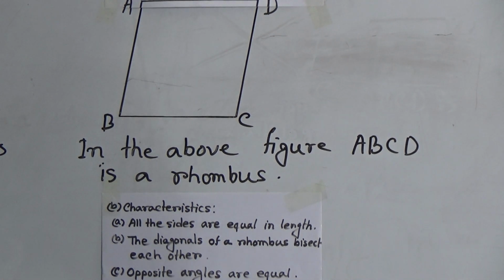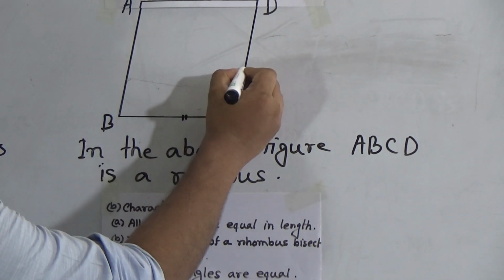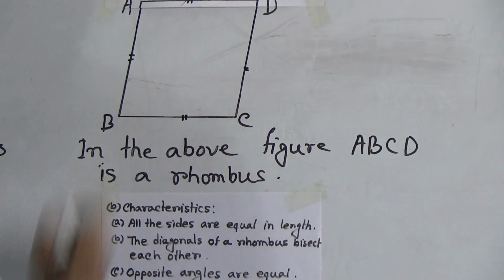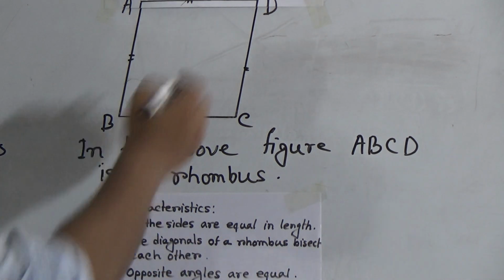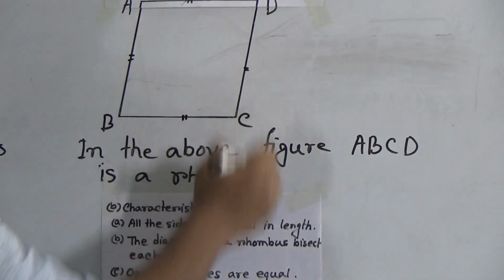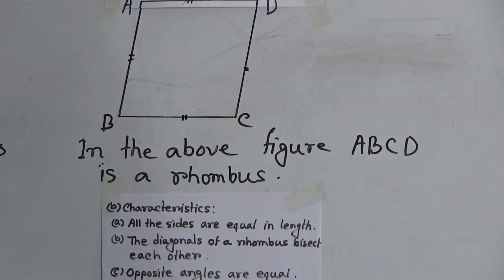Now we write the characteristics of a rhombus. A, notice all sides are equal in length, that means this side, this side, this side, this side, all are equal in length, which is 6 centimeter. B, the diagonals of a rhombus bisect each other, that means this diagonal BD and this diagonal AC bisect at a point.